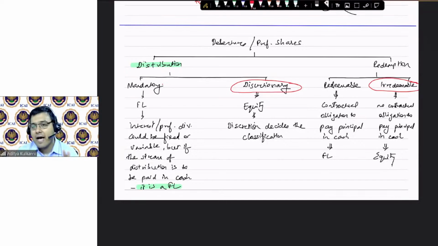Now, suppose I have an instrument with distributions being discretionary and principal being irredeemable. Understand the instrument very carefully.